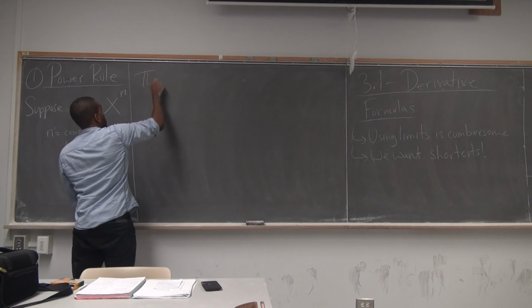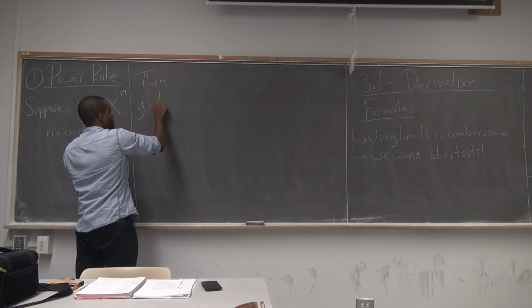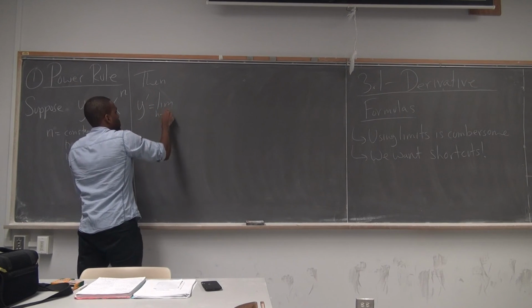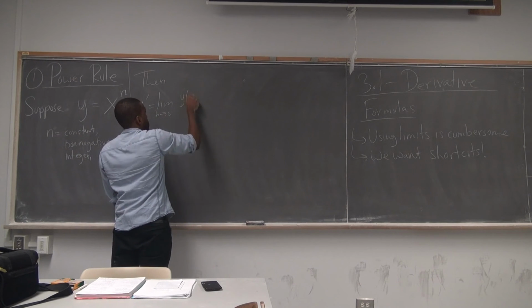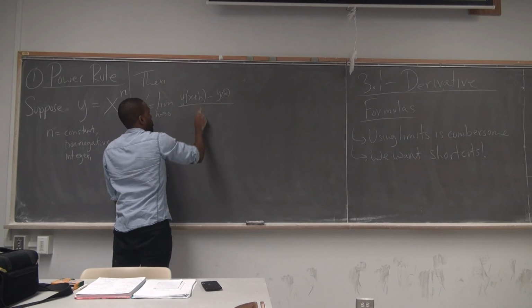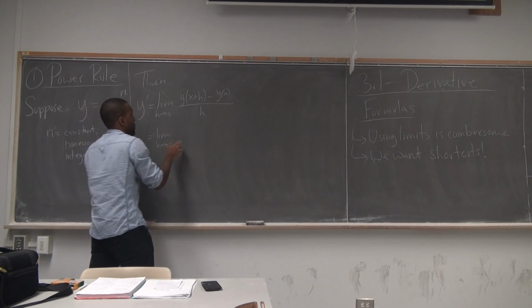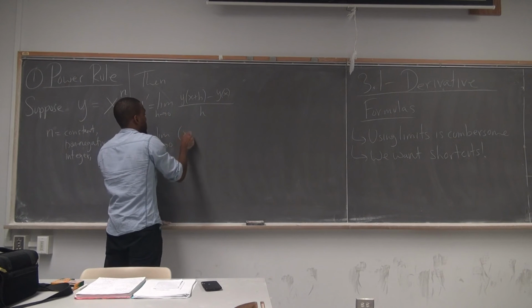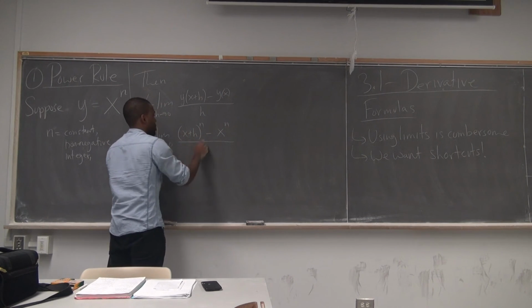Then, if I asked you to find y prime, what would you do? What's the limit as h approaches 0 of y of x plus h minus y of x all over h, and we start to plug that in. This gives you x plus h to the nth power minus x to the nth power over h.